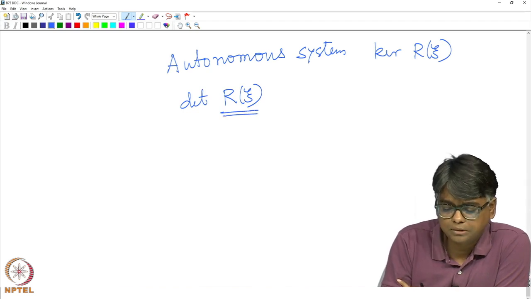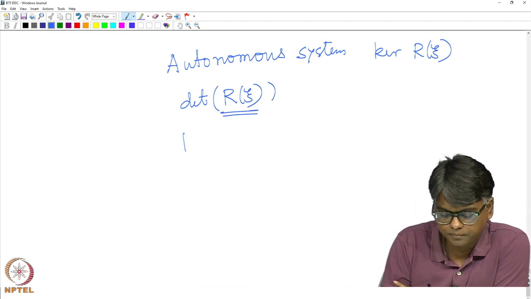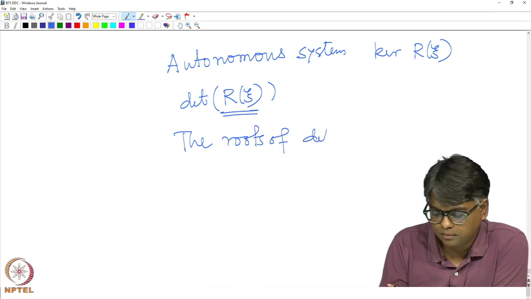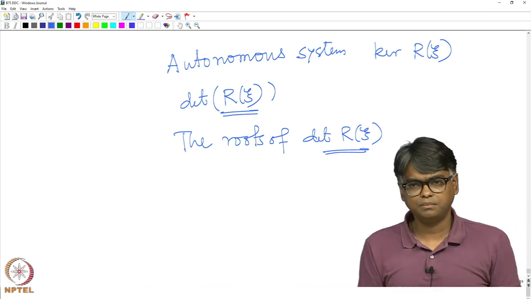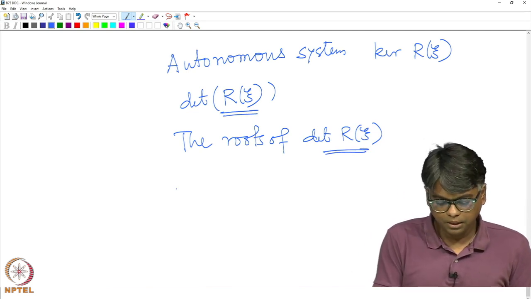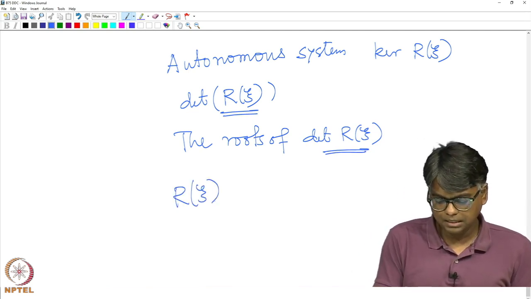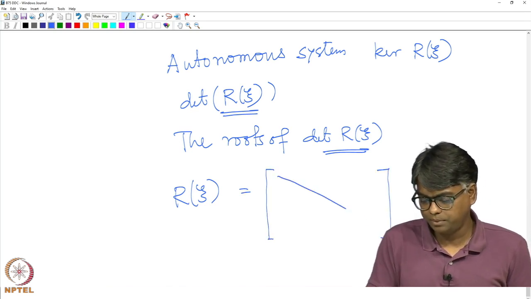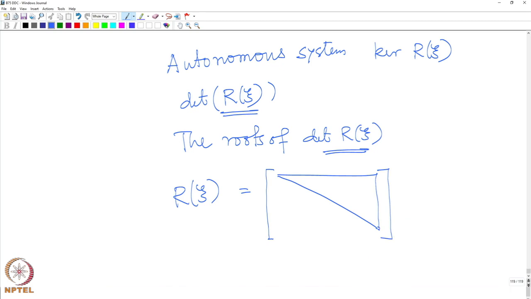The roots of this polynomial are the ones that determine the response of the system, isn't it? What did we do? We looked at this R(ξ) and did some unimodular row operations so that it became upper triangular. Because all the operations are unimodular, the determinant of R is the same as the product of the diagonal entries.